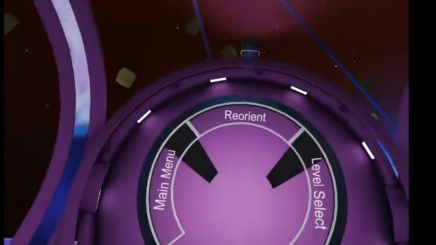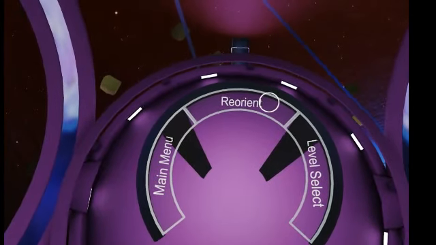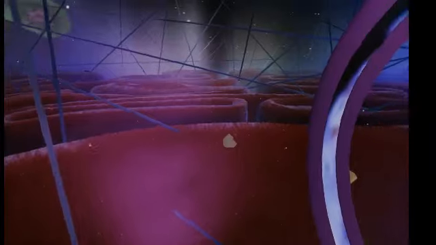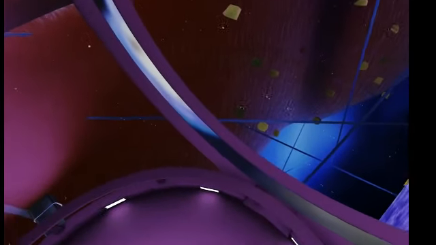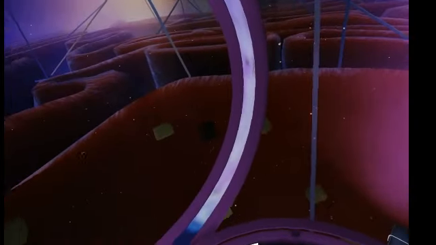Let's exit the nucleus through a nuclear pore. We have exited the nucleus and are now floating through the cytoplasm. Surrounding the nucleus is the rough endoplasmic reticulum, or RER, a maze-like structure made of flattened membrane.